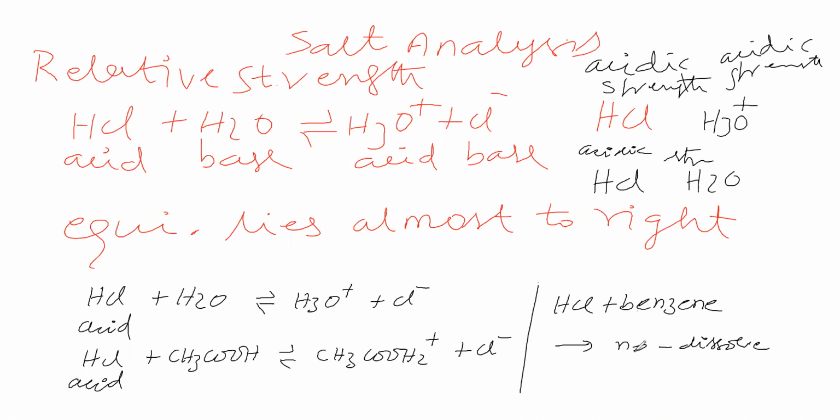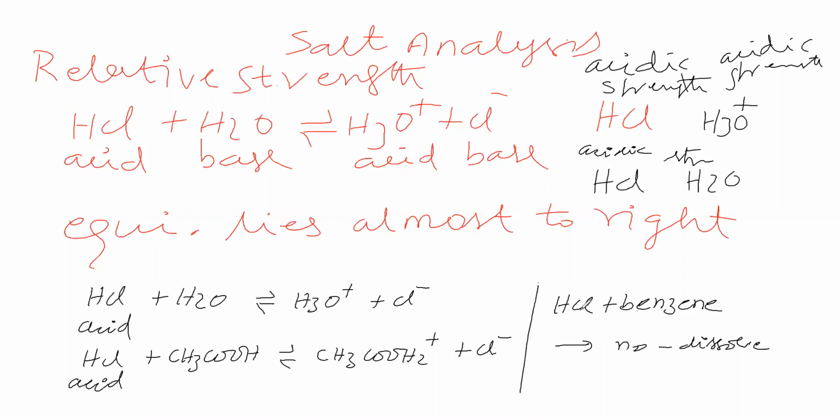HCl has not dissolved in benzene. That means HCl is not attracting benzene. So how does HCl donate H plus to benzene? HCl is not mixed with benzene. Then how can we say HCl is donating H plus to benzene?